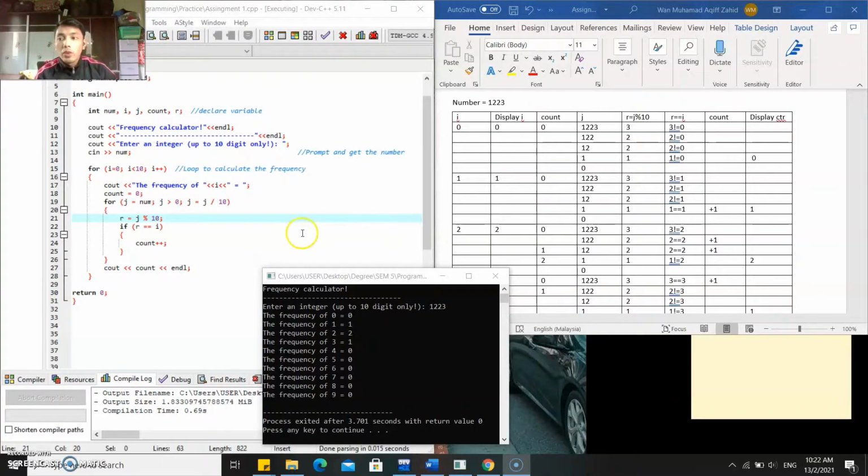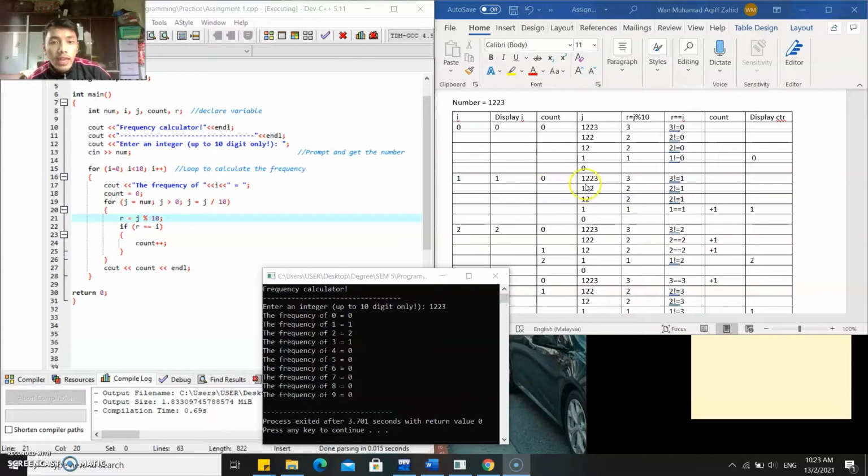Then we go again for our next loop, which is j equal to 1223, and then r is equal to j modulus by 10, which leaves 3. Then again we check if r equal to 1, but 3 is not equal to 1, so count will not be added.